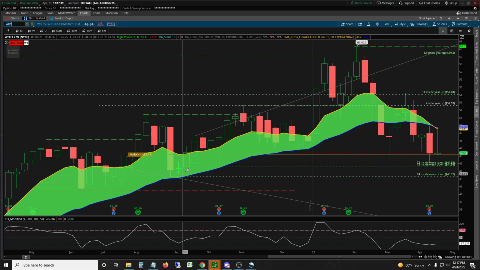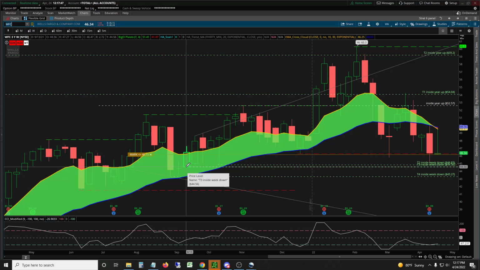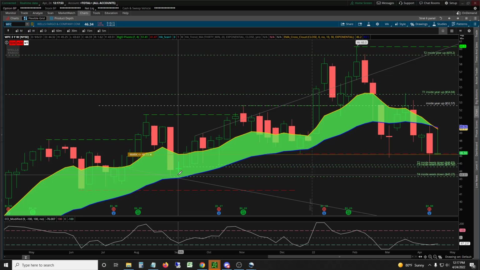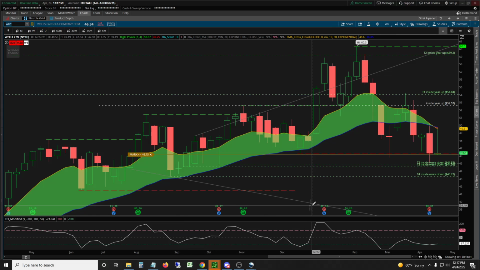And then our second target is, I think it was over here, 44.83. Third target is over here at 44.56. The fourth target is down here at 43.27. So that's what we're looking at for targets on Wells Fargo.